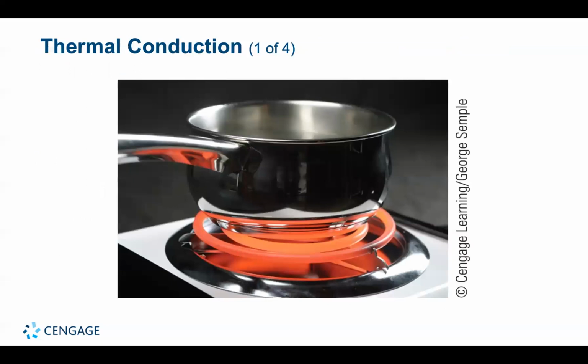So here we have a picture of something fairly familiar to you, a stovetop. We have an electric stovetop in this situation rather than gas. And so conduction makes the metal handle of a cook pan hot. Thermal conduction, or conduction, is the energy transfer process most closely associated with the temperature difference.